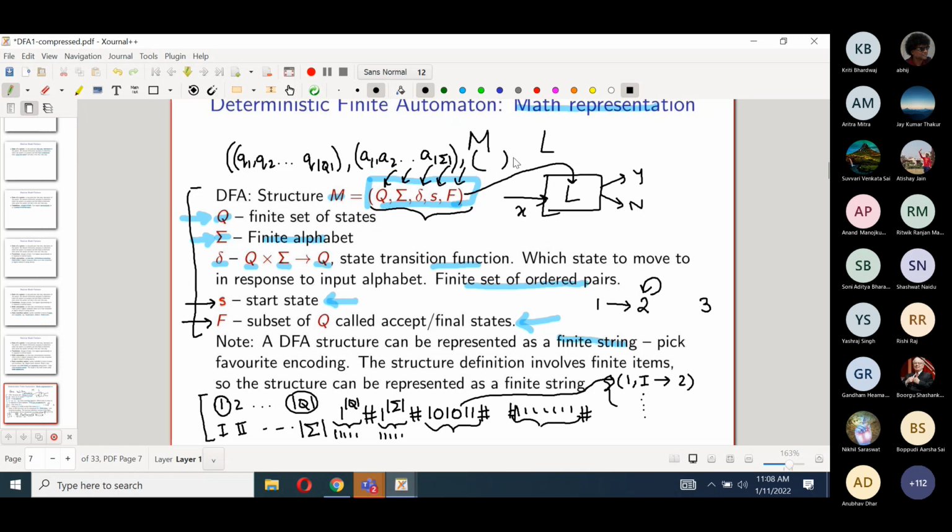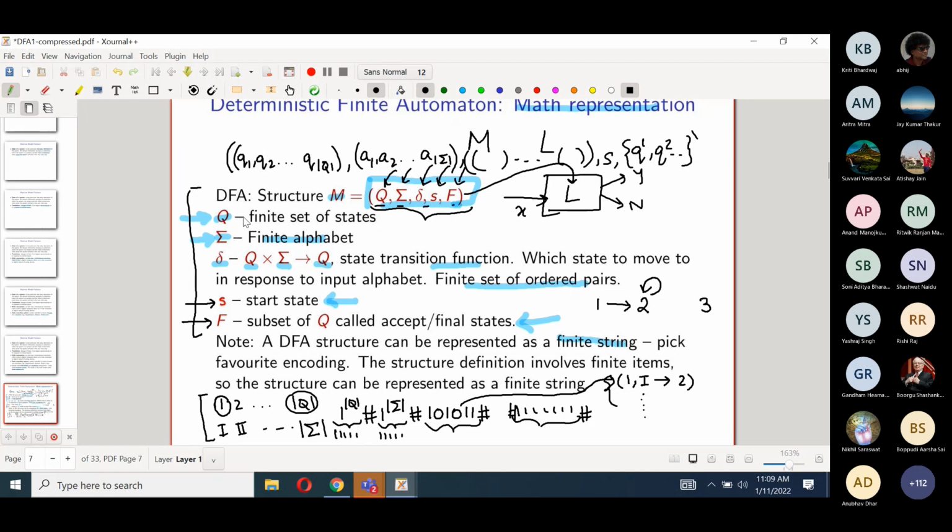Then delta will be a set of pairs of all possible Qs and As and the resulting function value. Then you have S, and then you have the final states, which will also be, let's say, Q1, Q2, and so on. So this is one way of writing it down. Since all of these things are finite, you can write it down as a finite length string.